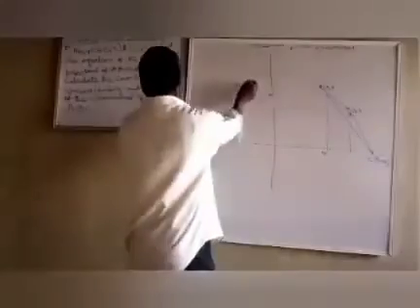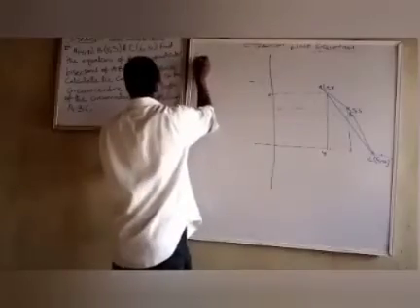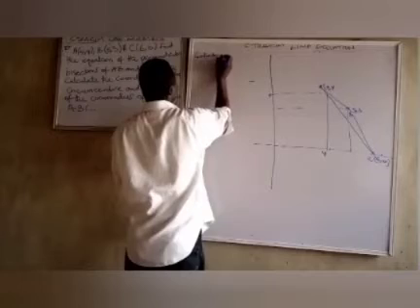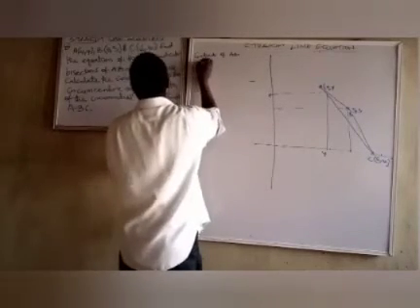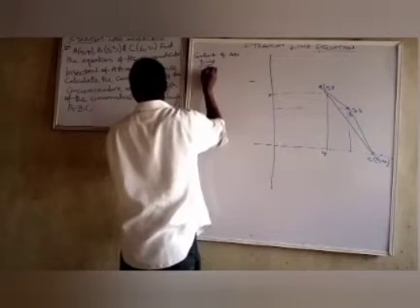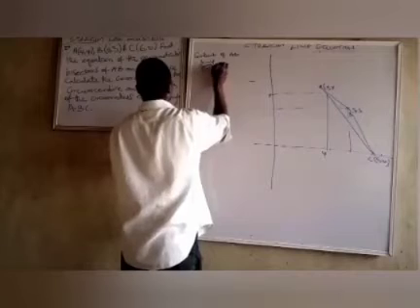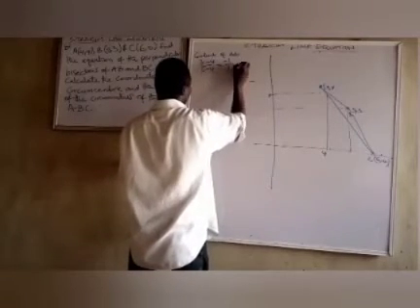How do we do that? To find the equation, let's find the gradient of AB. That is going to be 3 minus 4 over 5 minus 4. So that is minus 1 over 1.